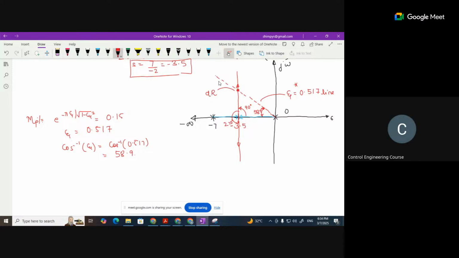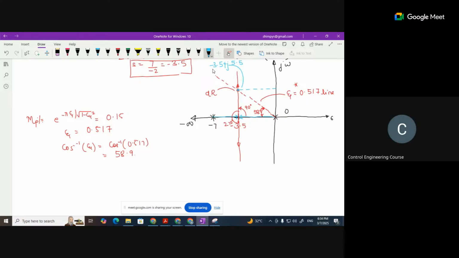Now, the points corresponding to this point of intersection, what are its coordinates? Here you can see it is minus 3.5, and here, when I've plotted it, it comes out to be j5.5, right?